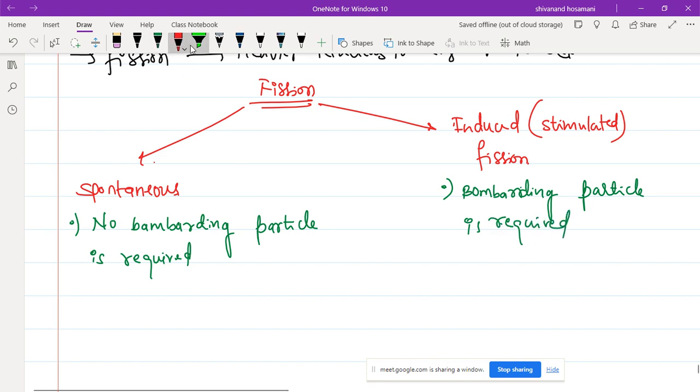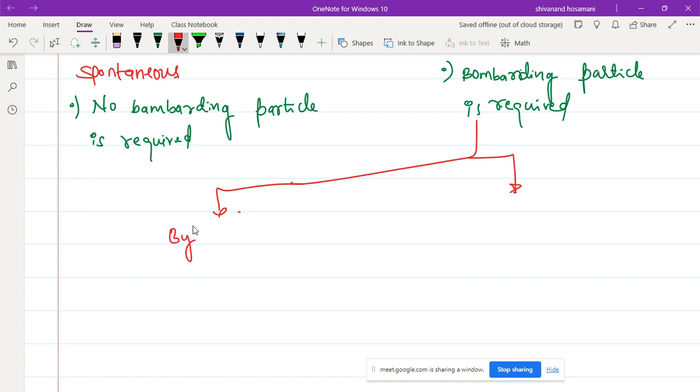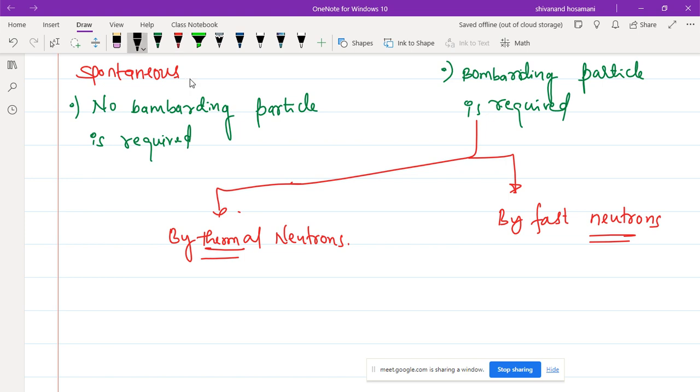Okay. And see, if the bombarding particle is required, there are two types of bombarding particles. One is thermal neutrons. Then the second one is fast neutrons. Because in both cases, bombarding particles will have more energy only.